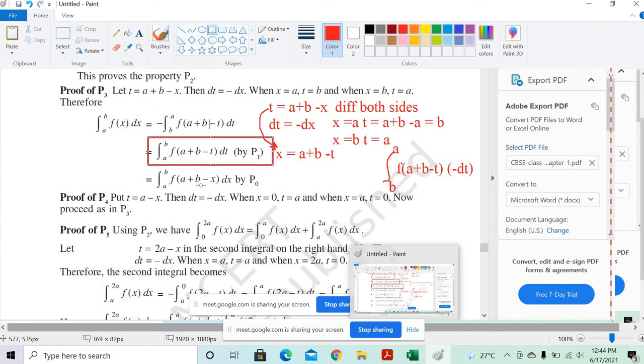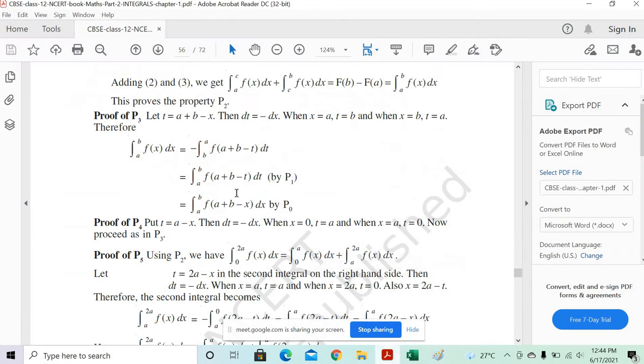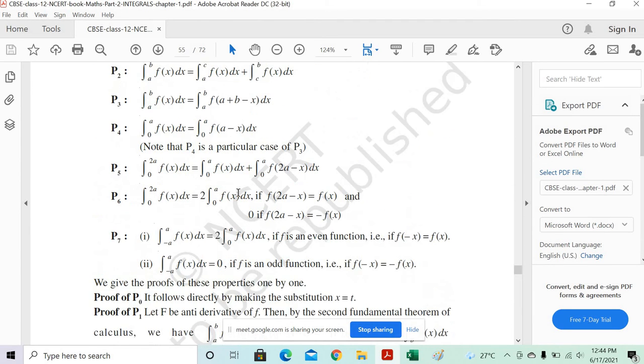T is simply replaced with x, as we discussed in the first property. So the value is the integral from a to b of f of a plus b minus x dx. Clear? So this is the third property, which is quite important. We will be using this property now. Let's go to the fourth property.